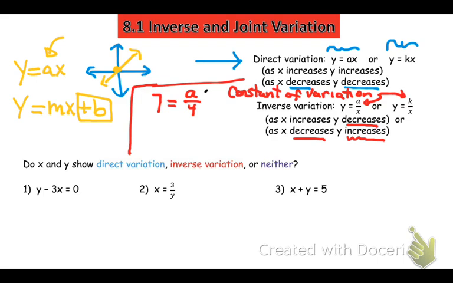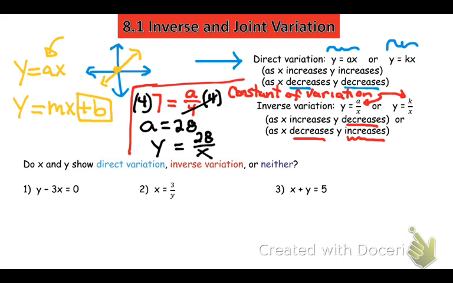So if we want to isolate a, we're going to multiply both sides by 4. So a equals 28. So now I simply put that value back into y equals 28 over x. That's the equation.